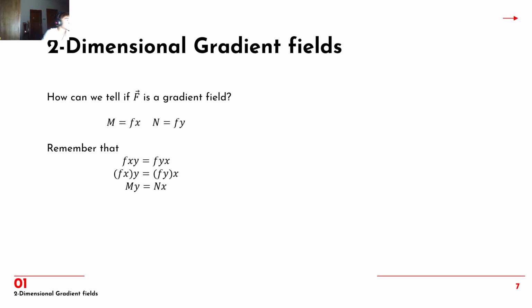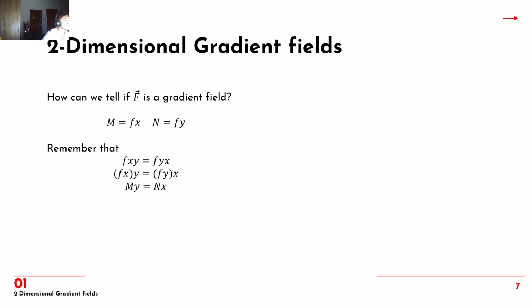So how can we tell if vector F is a gradient field? When M equal to fx and N equal to fy, remember that when we differentiate M with respect to y and N with respect to x, and they are equal, that's when we can tell that vector F is a gradient field.